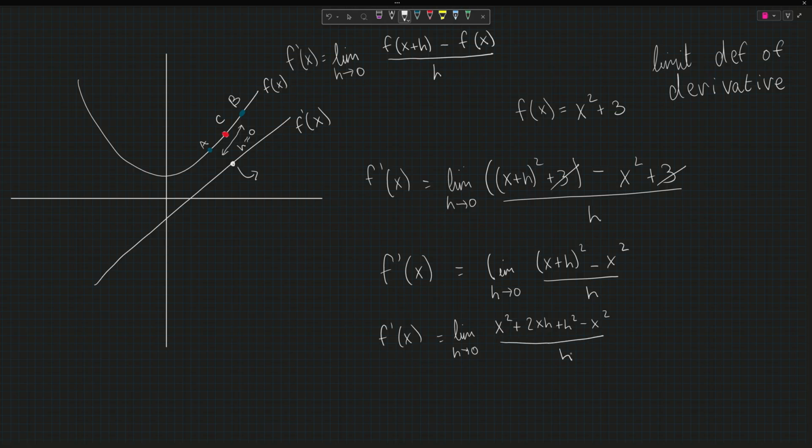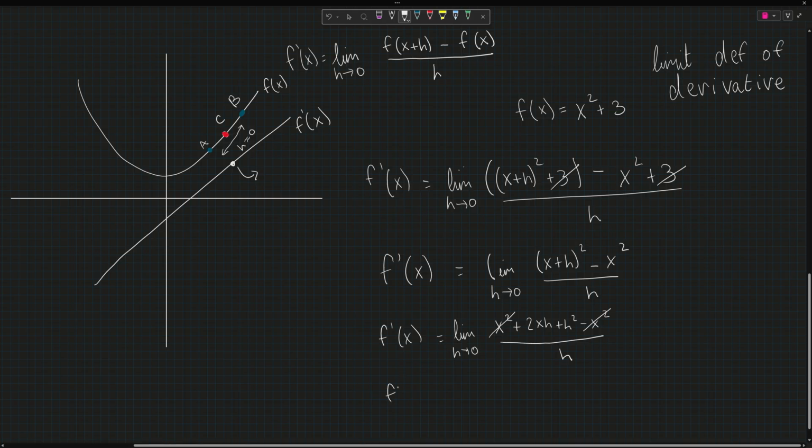Okay, so if you look at this, how convenient. These x squareds will cancel, or they'll subtract out, and we'll have no x only terms on here. So every single term here has an h. So we can divide out the h.